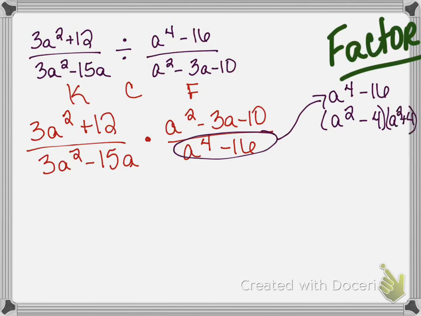Okay, a to the fourth minus 16, that's a difference of perfect squares. A squared minus 4 times a squared plus 4. That has to stay a squared plus 4. You can't do anything else with it. This is another difference of perfect squares. You know how to factor that.